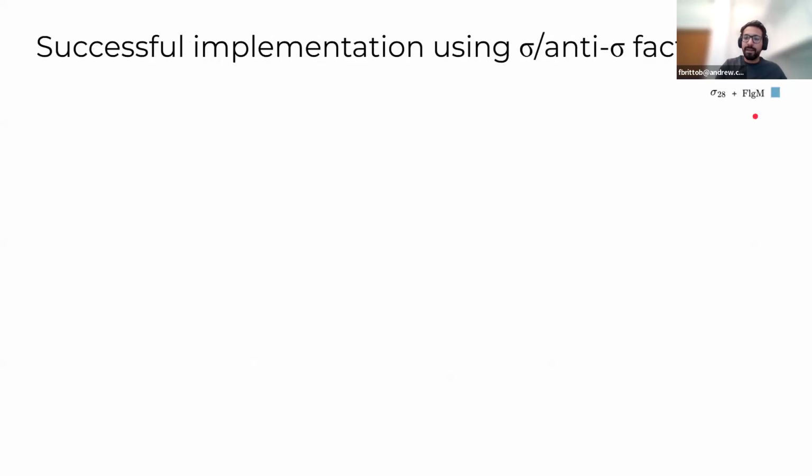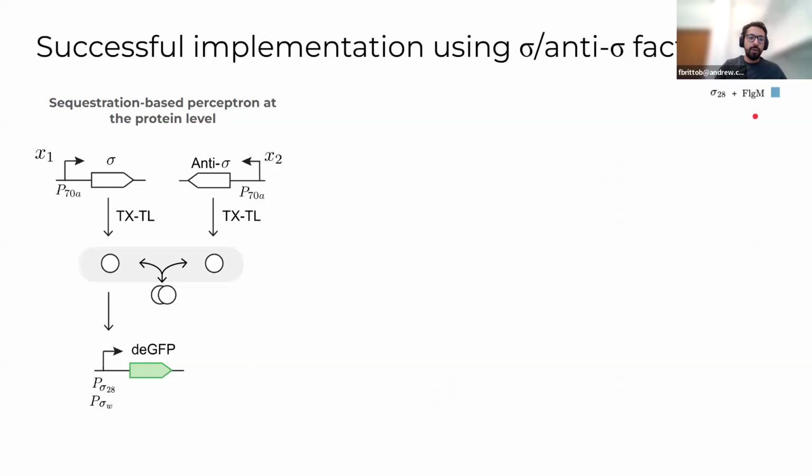So to do this experimentally, we use the sigma and anti-sigma factor sequestration reaction. We had two plasmids. One plasmid encodes our sigma factor. The other plasmid encodes the anti-sigma factor. We worked in a cell-free system, the TXTL system from Arbor Sciences. After transcription and translation of both, we obtain the sigma factor and the anti-sigma factor that will sequester each other and form a complex.